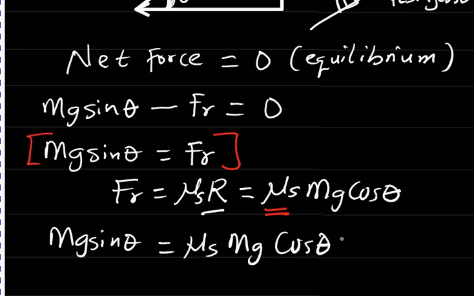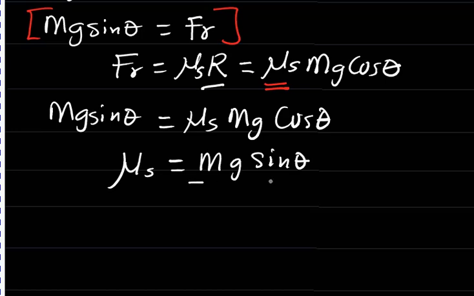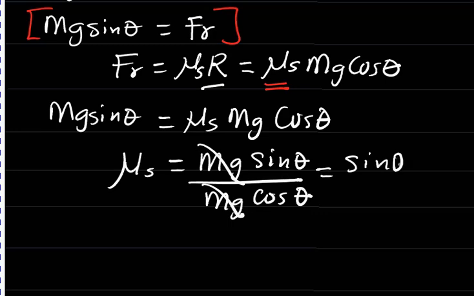The whole idea right here is to make mu s the subject. So mu s is equal to mg sine theta divided by mg cos theta. Of course, mg cancels mg, so we are left with sine theta all over cos theta.